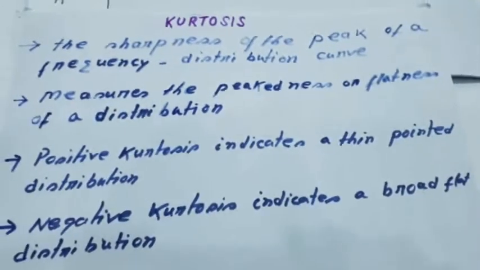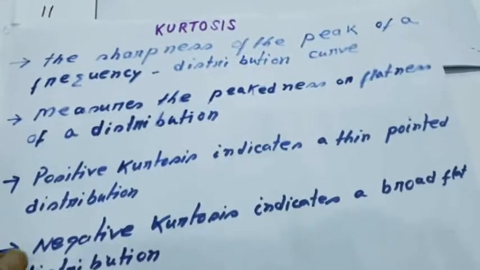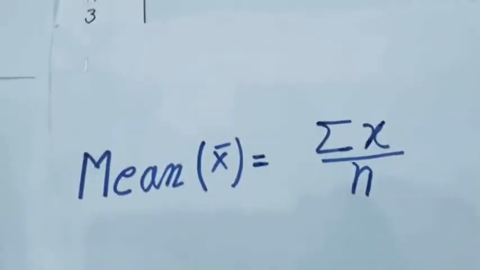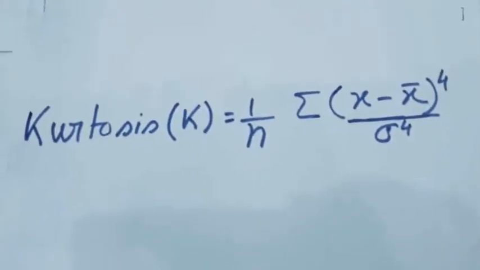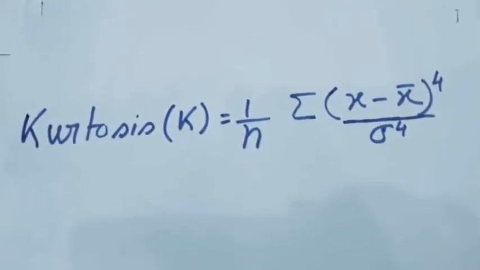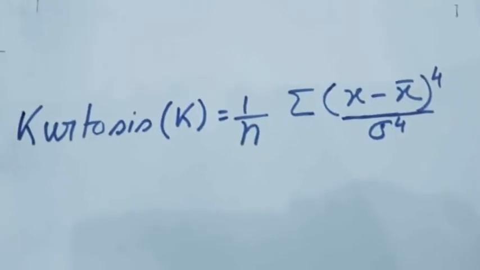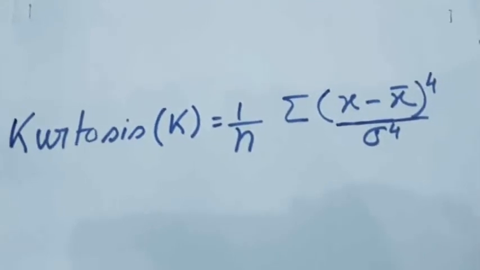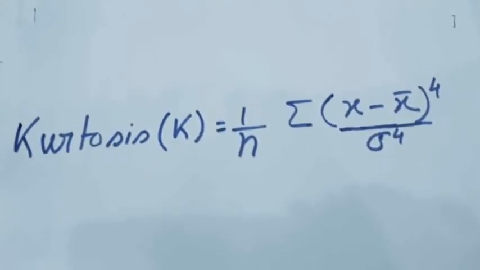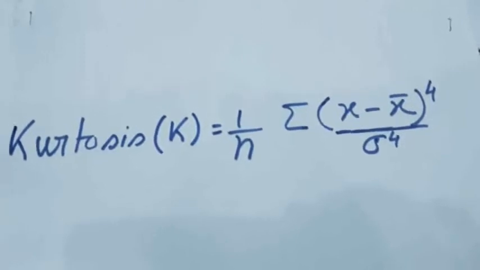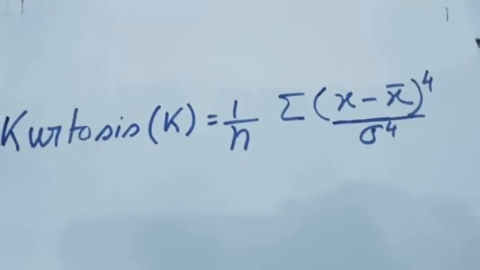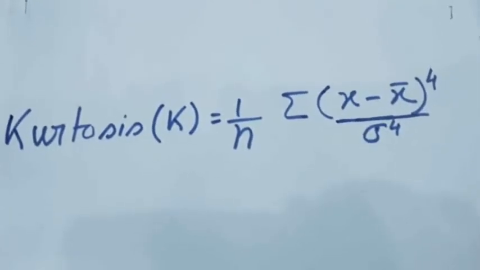Now we will see the formula of kurtosis. This is the formula. Kurtosis is denoted by K and it equals 1 by n summation (x minus x bar) whole to the power 4 divided by sigma to the power 4.